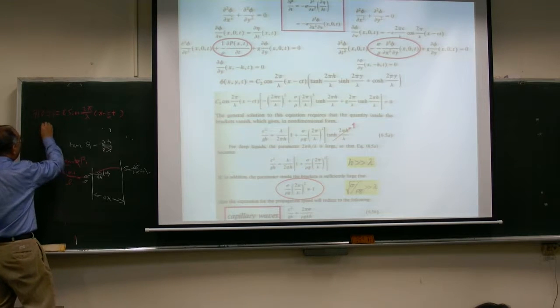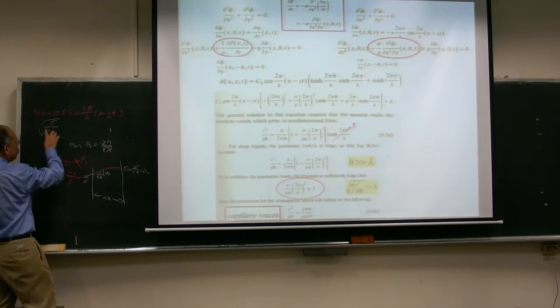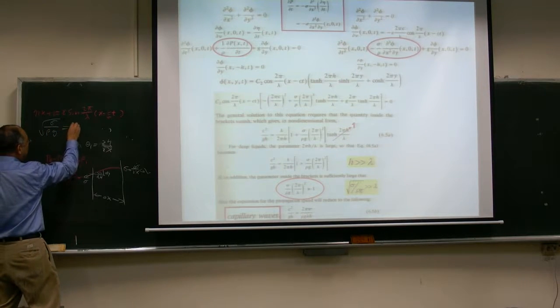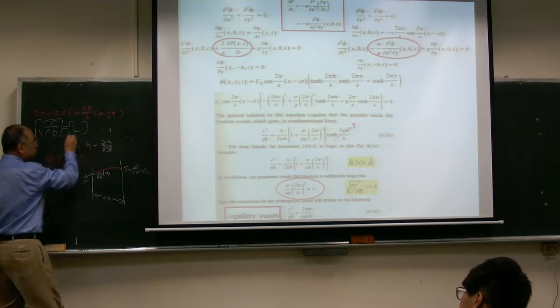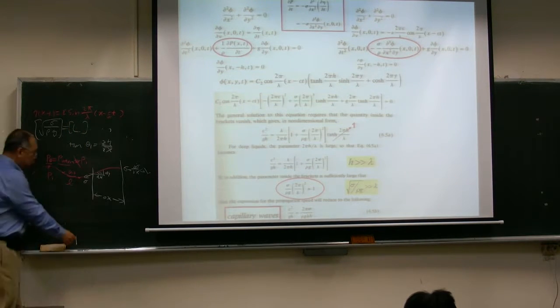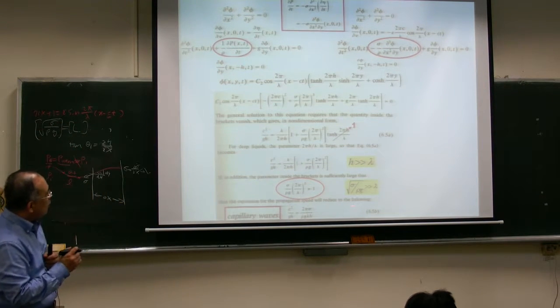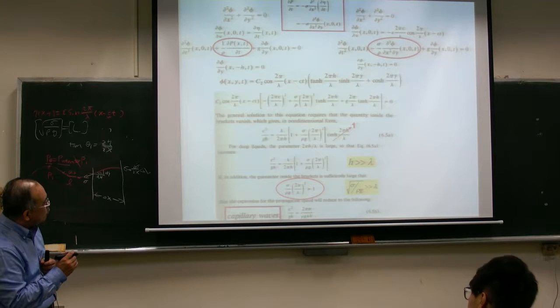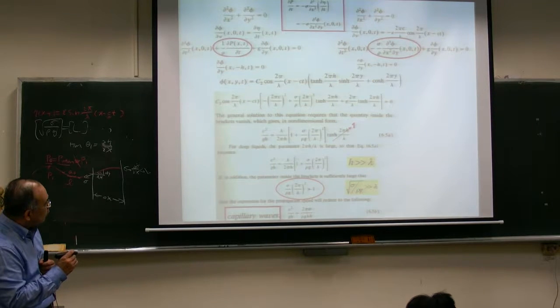Sigma over rho g, if you try to check the dimension, this is the length scale dimension. So when this length scale is much greater than lambda, that means sigma over rho g is much greater than lambda square, because this is a square root of this.